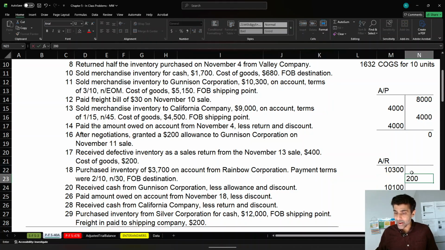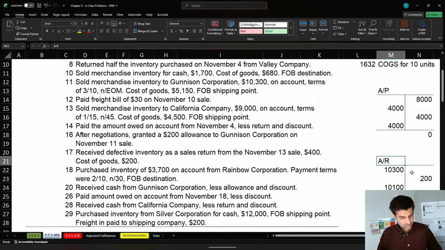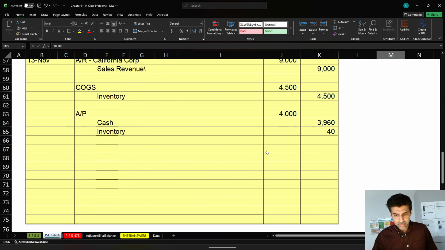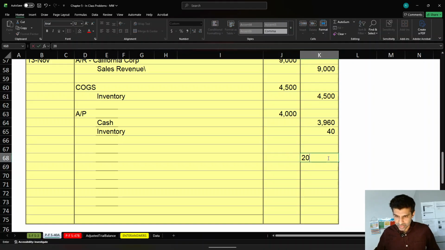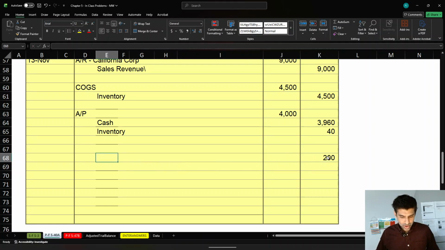So in order to do that, I need to credit their account receivable. This is Gunnison, by 200. So I know I'll have a credit to AR Gunnison, 200. And I kind of have to undo some revenue, right?